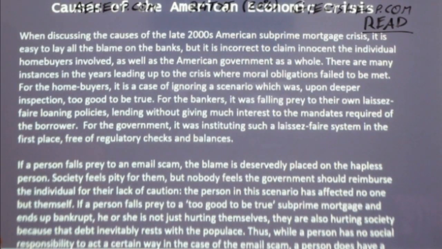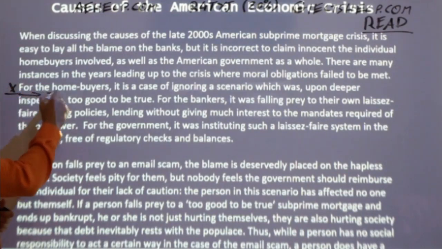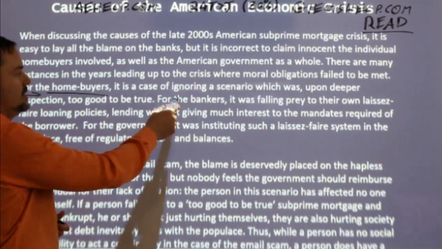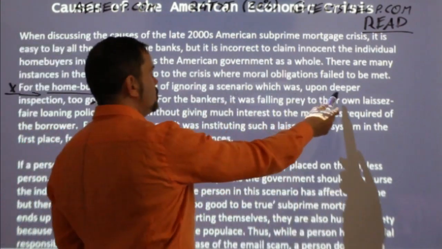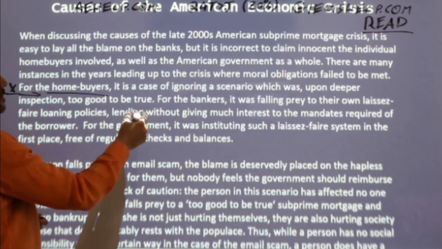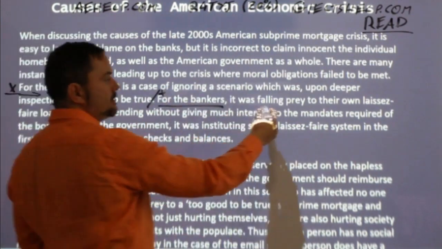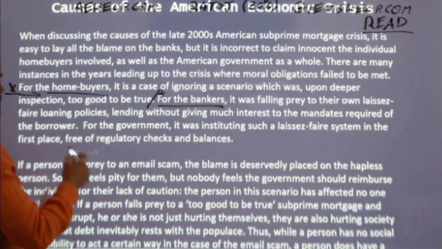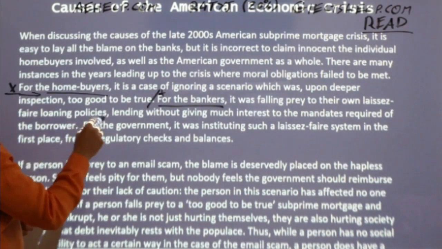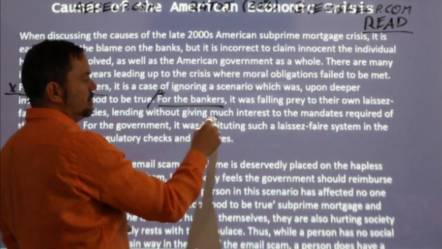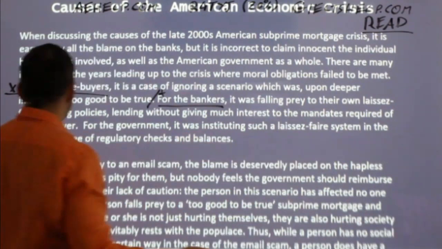And it says, from here, notice this interesting series of sentences. For the home buyers, it is a case of ignoring a scenario which was, upon deeper inspection, too good to be true, period. For the bankers, it was falling prey to their own laissez-faire loaning policies, lending without giving much interest to the mandates required of the borrower.